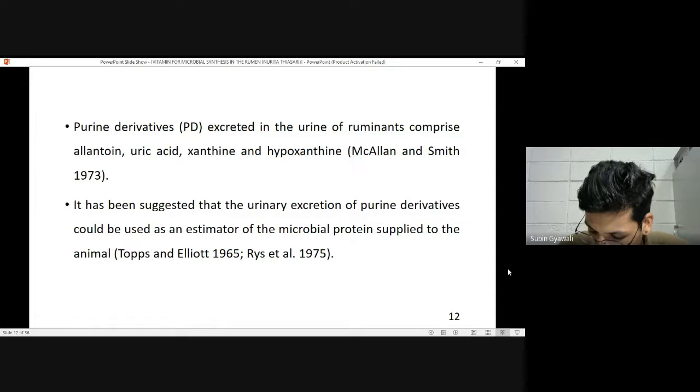Thiamine, riboflavin, pantothenic acid, pyridoxine, and biotin, and also vitamin B12. So how do the other vitamin B group influence the microbial population?